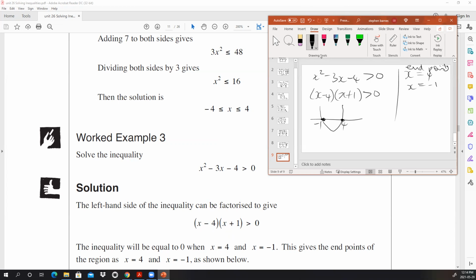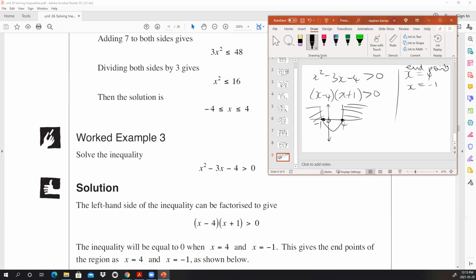And it says that the graph is above 0. So above 0 means that it's above the x-axis, all right? So if you think of the 0 point here, and I draw this y-axis, then this is just saying, tell me where the values are above y equals 0, and they are outside here.